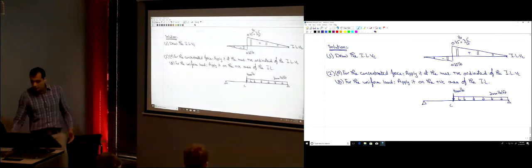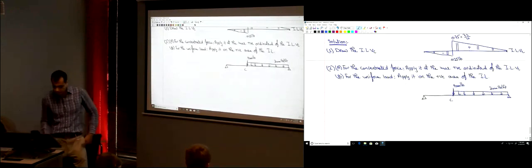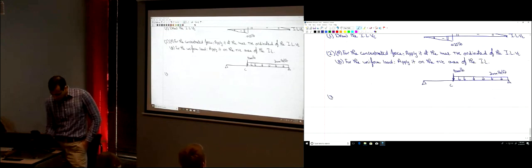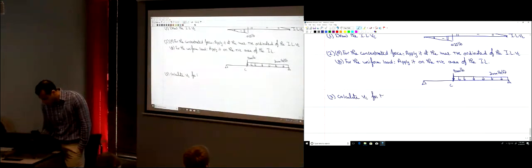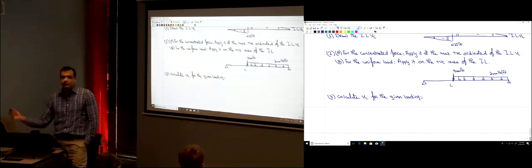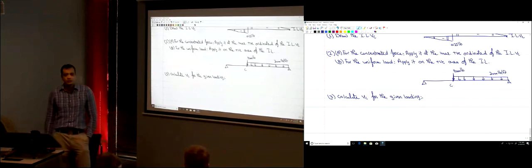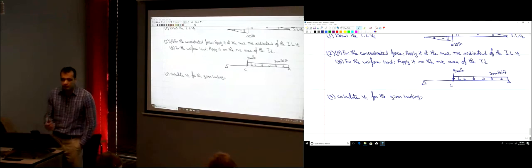Now you just need to calculate VC. Third step: calculate VC for the given loading. How would you find the shear at point C? You have two options, and on the test you're free to use whatever you want.